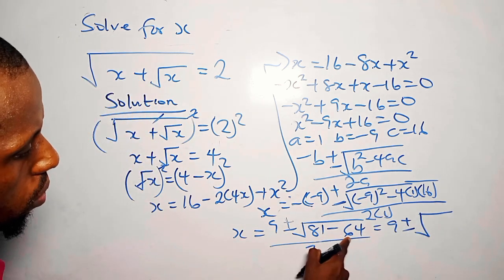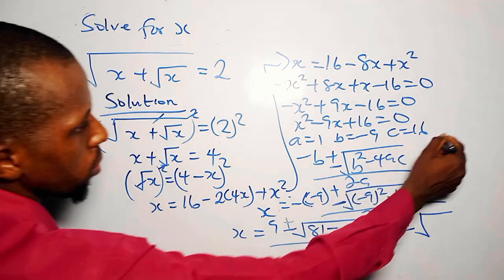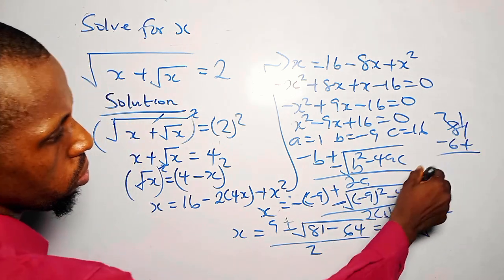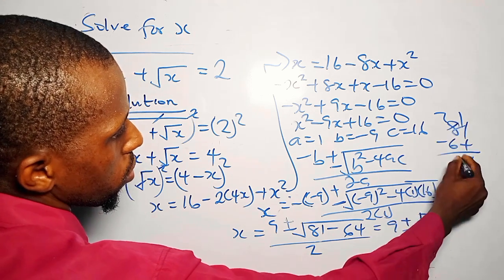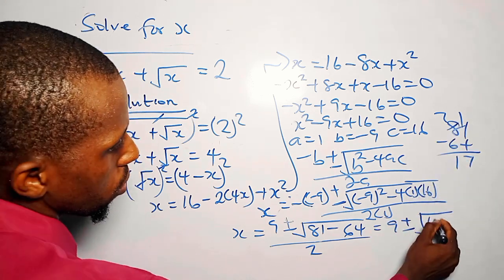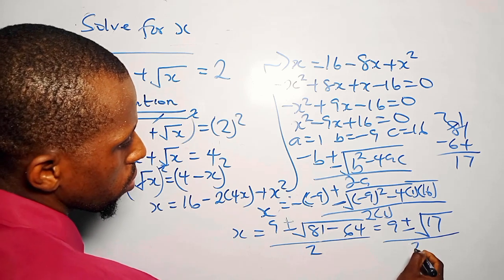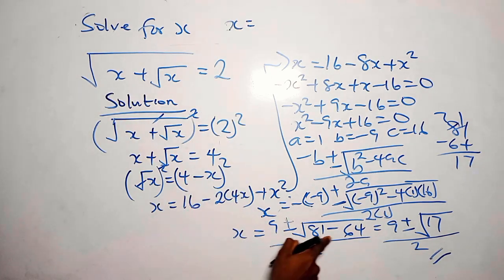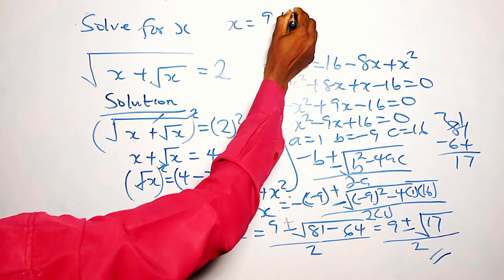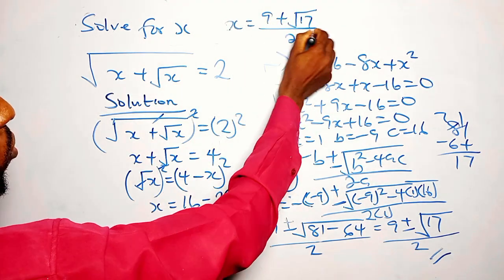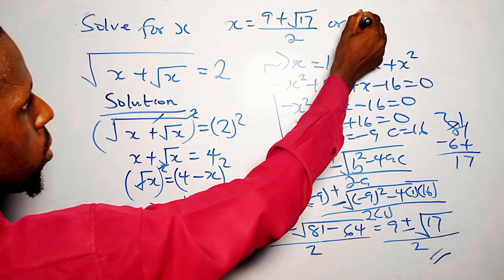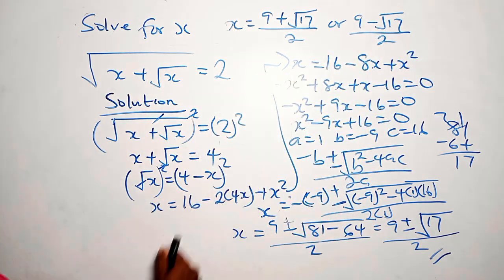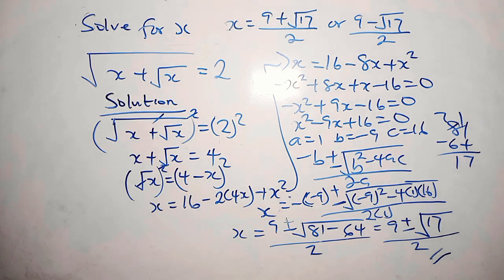When we subtract 64 from 81, we get 17, so we have root 17 divided by 2. So x equals 9 plus root 17 divided by 2, or 9 minus root 17 divided by 2. Thank you very much.